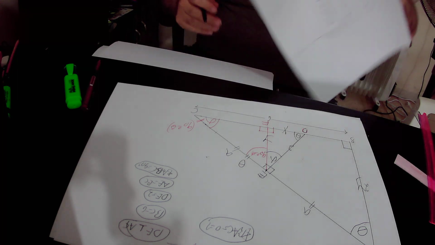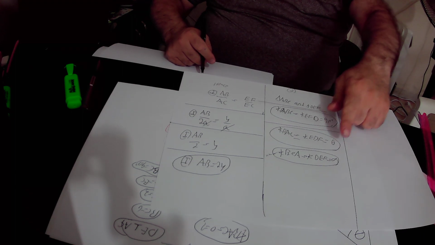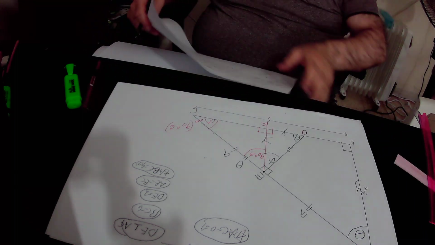I'll repeat again, angle BCA equals angle DEF, and both angles are equal to alpha.